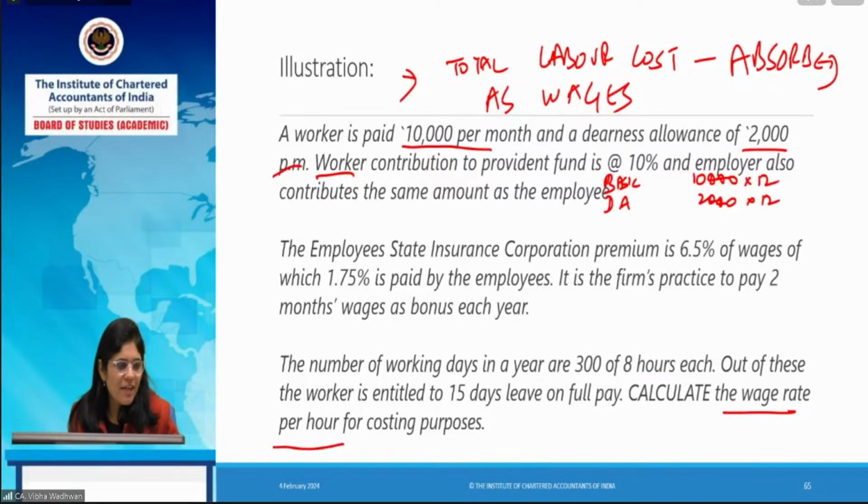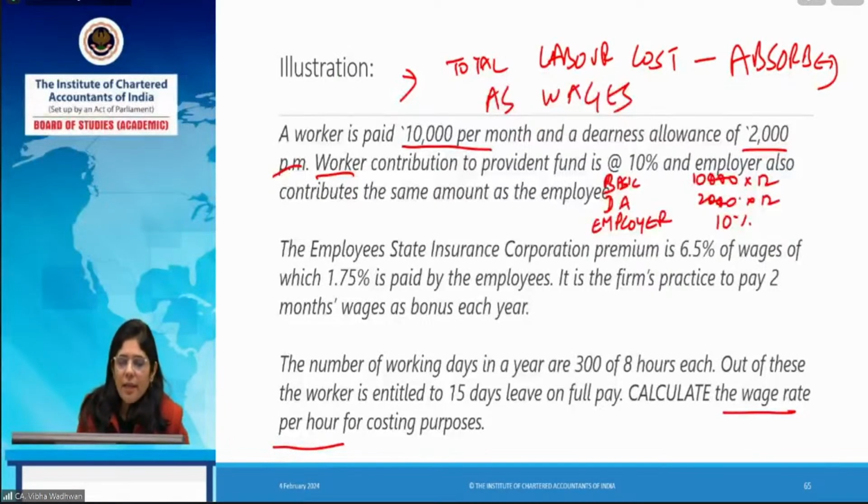Very good, it's the employer, because the discussion point here is labor cost, and employer contribution is a part of the labor cost. Employee contribution is his own money, which we deduct and pay. But over and above what we are paying to the employee in hand, we are also contributing towards his provident fund. So for the employer contribution, you have to add 10%.